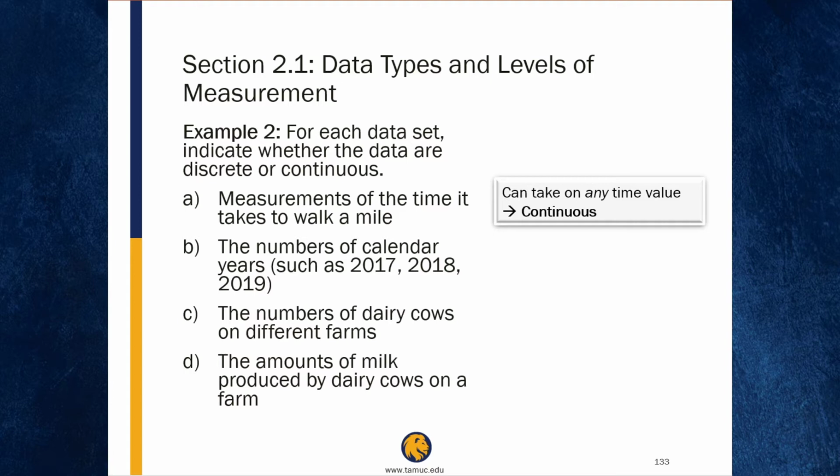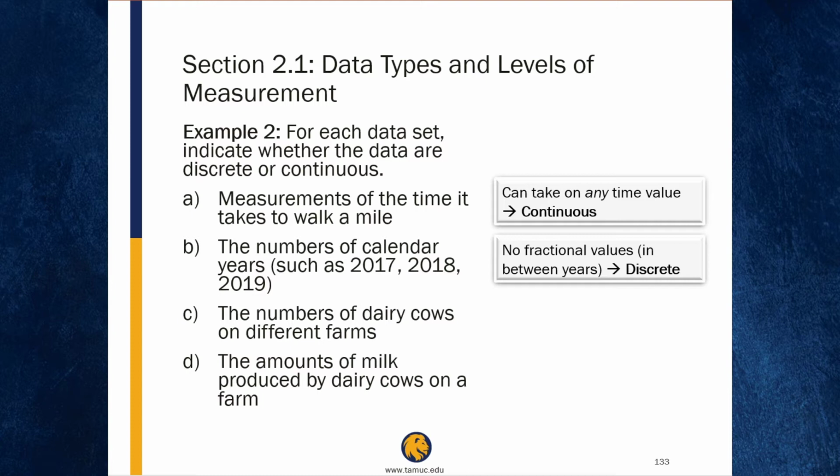It's just one year and then the next year. So we call that discrete. And one way of viewing it is there's no fractional in between years, like 2017.5 or something like that. So whenever they're listed out in distinct values with no in-betweens, that's what we call discrete.